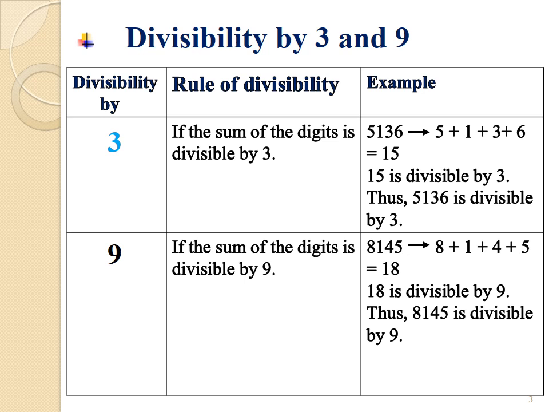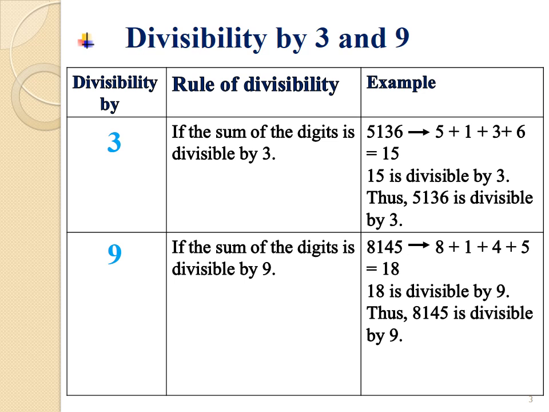Thus, 5136 is divisible by 3. Now, divisibility by 9. A number is divisible by 9 if the sum of its digits is divisible by 9.